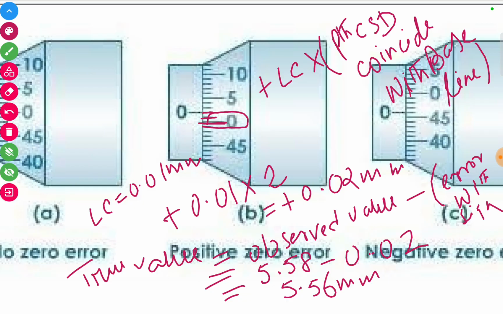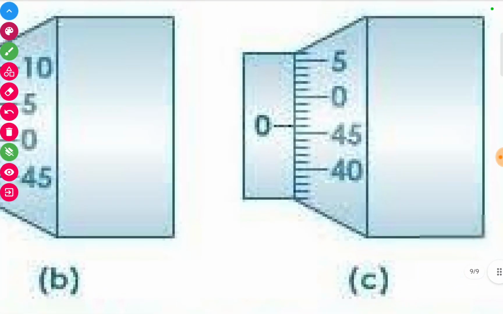This is how to eliminate the positive zero error and to get the true value. Now let's look at how to take the observation of a negative zero error. What is a negative zero error? This is a negative zero error where the circular scale zero is ahead of the main scale baseline zero. In this case this is negative zero error. So how to eliminate this?